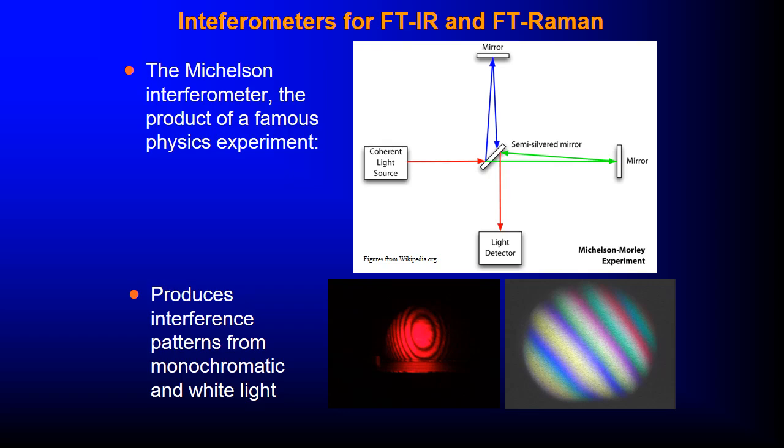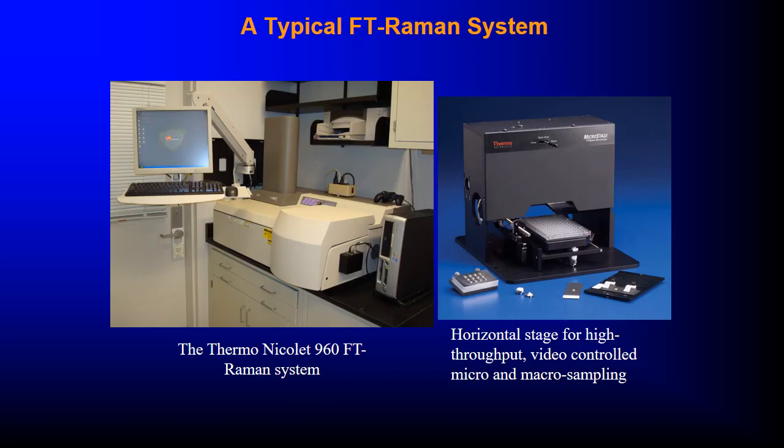So we use the Michelson interferometer, the product of a famous physics experiment. It produces interference patterns from monochromatic and white lights. So you can see a typical Raman system.